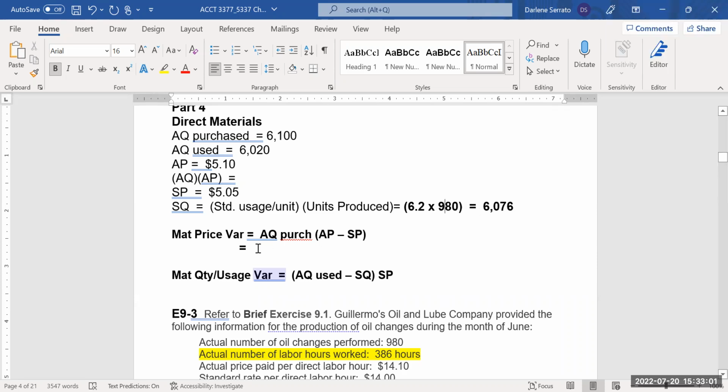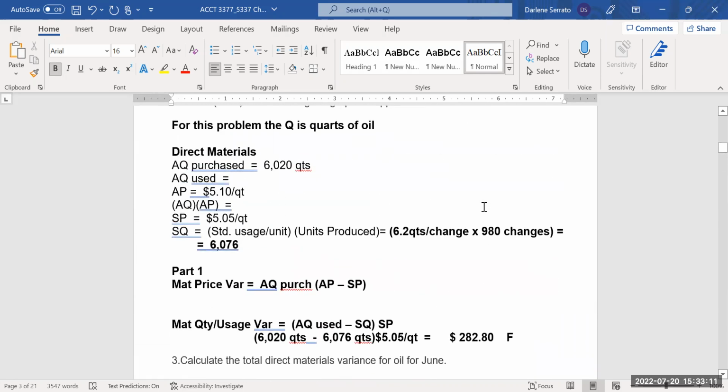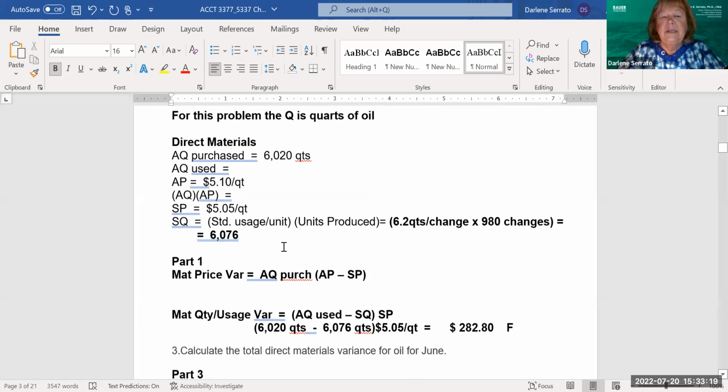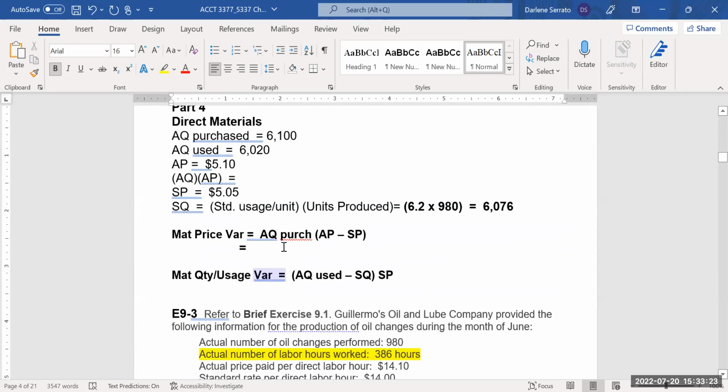So it was 4,836. $6,076. Isn't that what we had for SQ? Okay, yes, that's right.